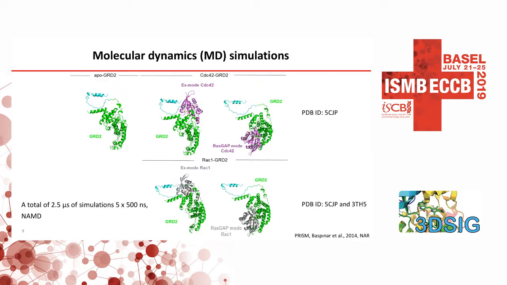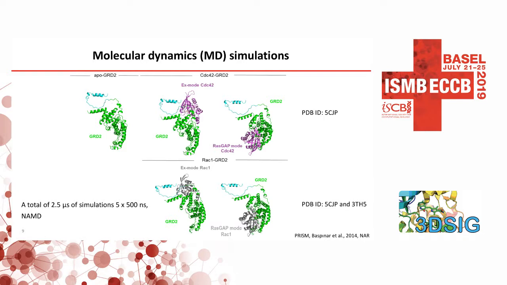So for this purpose, I simulated 5 complexes using the NAMD platform. These 3 structures are taken from the crystal structure. This is the free GRD, and this is the GRD with EX mode CDC42. And this GRD has also CDC42 bound to its RAS capsid.